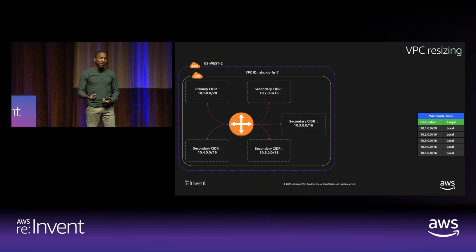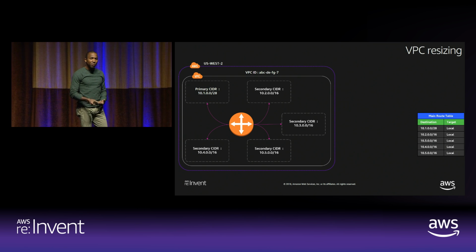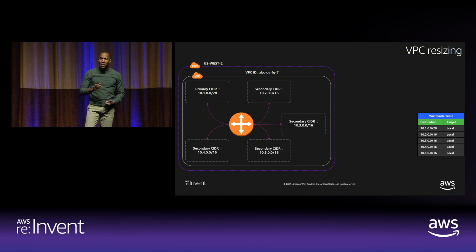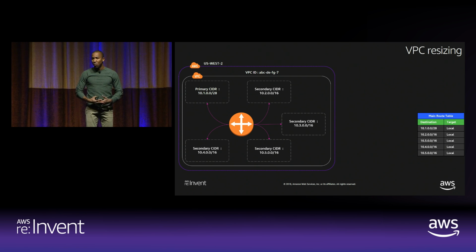If you look closely, you're seeing a pattern here. AWS VPC follows fundamental networking principles. Overlapping IP address spaces can't be integrated within your environment.